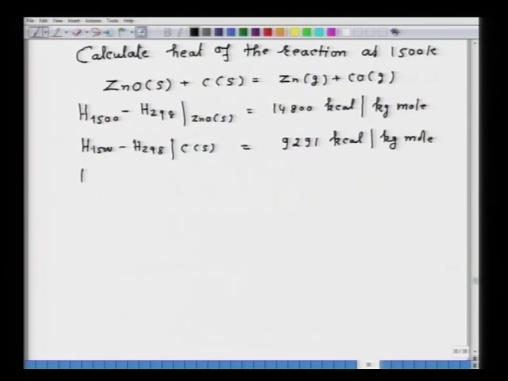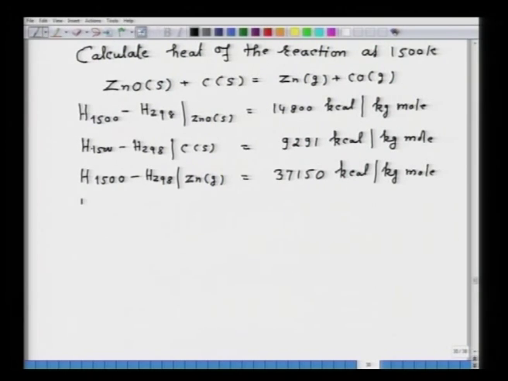So, H 1500 minus H 298 for zinc gaseous state is equal to 37,150 kilocalorie per kg mole.